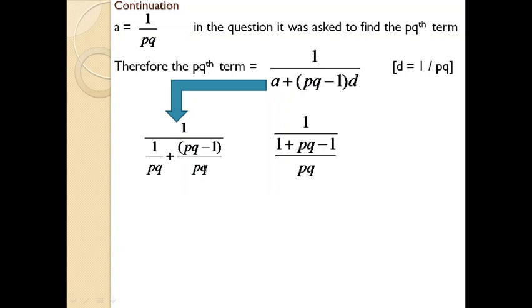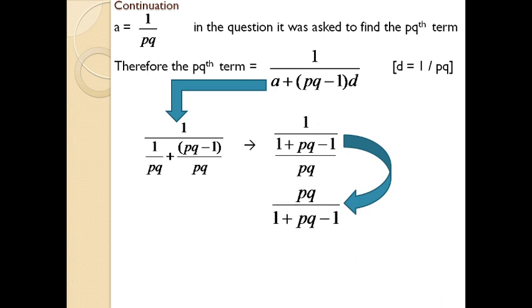By taking the common denominator, you will get 1 plus pq minus 1 by pq, which can be written as 1 divided by pq divided by 1 plus pq minus 1. Here the denominator is a fraction, and the simple basic mathematical step we follow is that the pq in the denominator of the second part of the fraction is shifted to the numerator side.